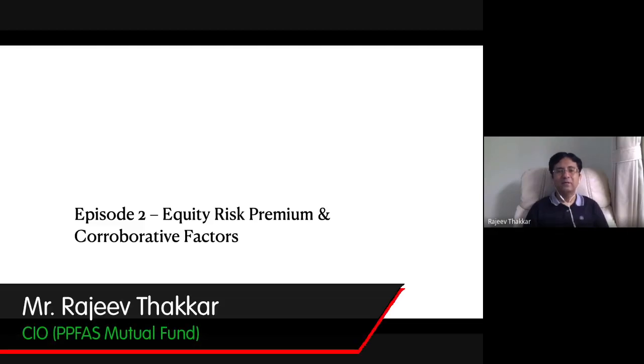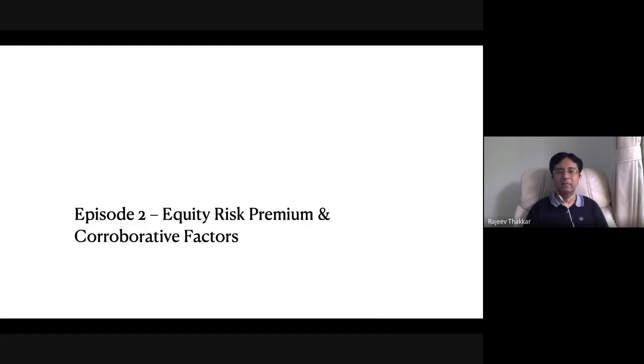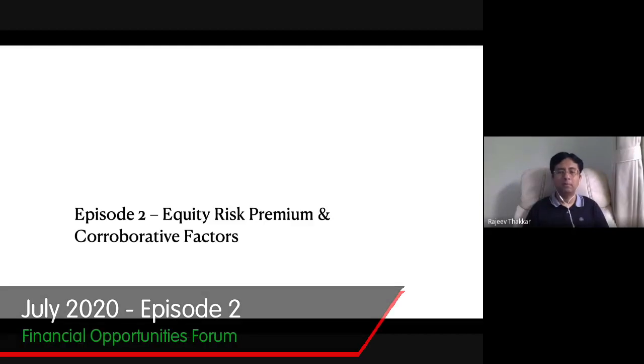So far, we have seen a broad overview of the factor investing framework. We saw the various large factors that were there. So, there is the risk free return, which is not really a factor, but which is the base rate that anyone would want.